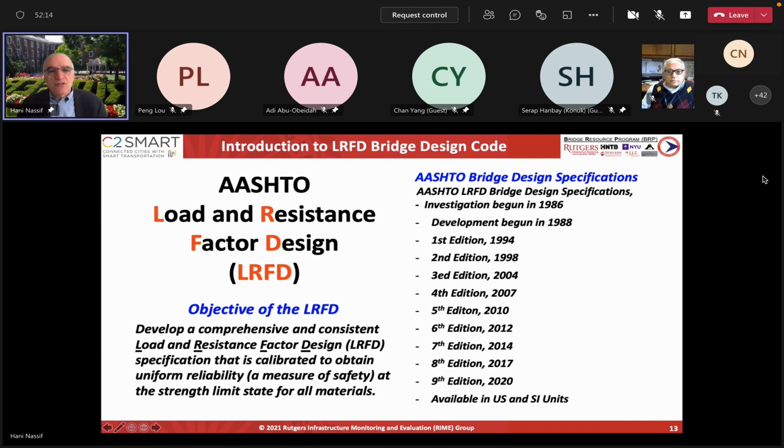When I worked on it, one of the objectives: my co-advisor, Professor Antoine Naaman, who's a pre-stressed concrete guy, was in charge of the pre-stressed or the concrete section of the specification. One of the things he did, he came up with a concept of what we call structural concrete, meaning that you don't have to look at reinforced concrete alone or pre-stressed concrete alone.